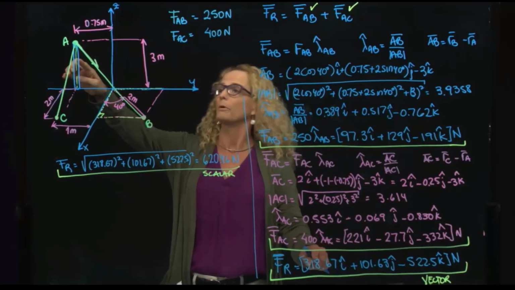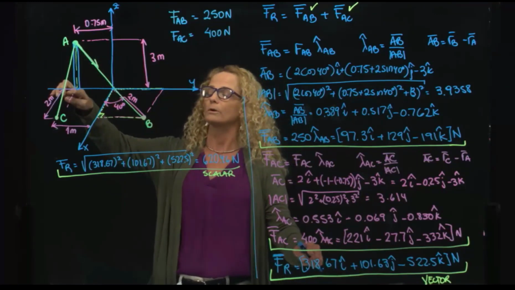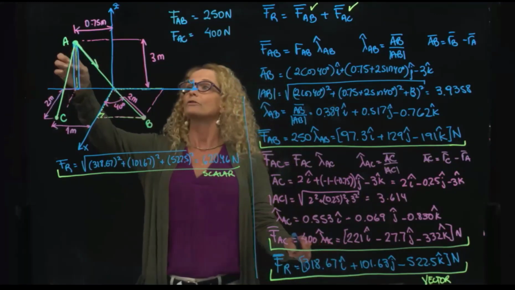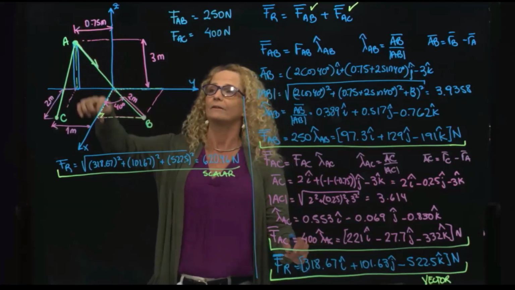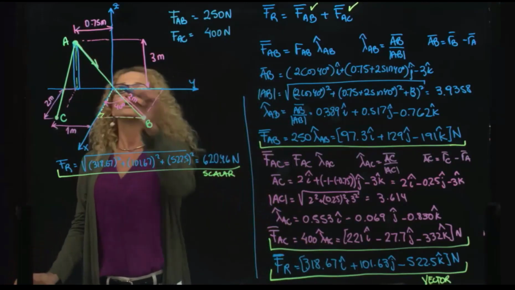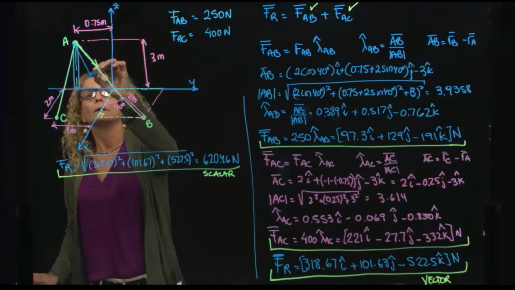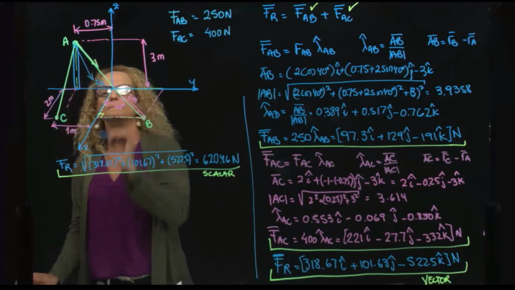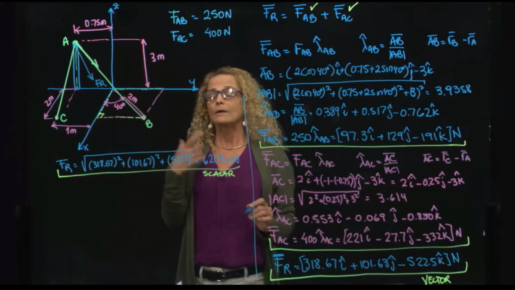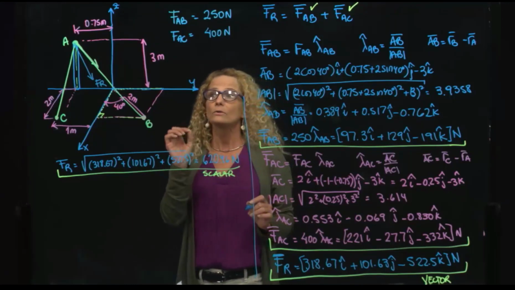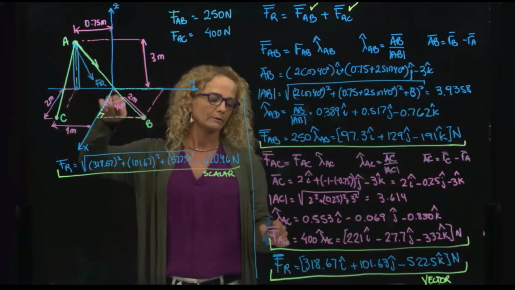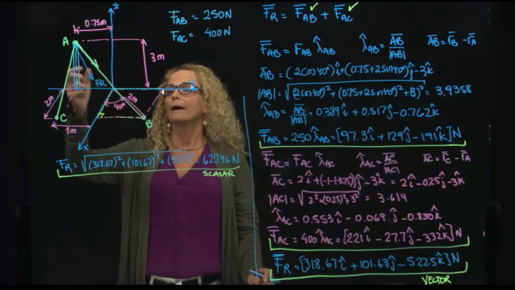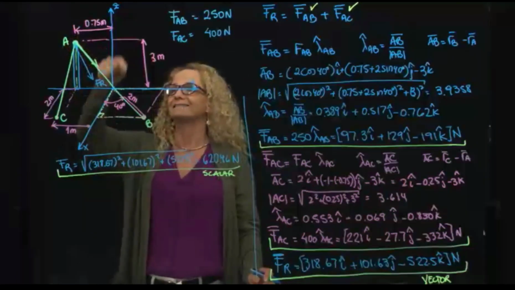You see that this is positive, so we'll have a positive component in X, a positive component in Y, and a negative component in Z. So it will be somewhere around here. Now they want us to find the angles that this resultant force forms with the axes.